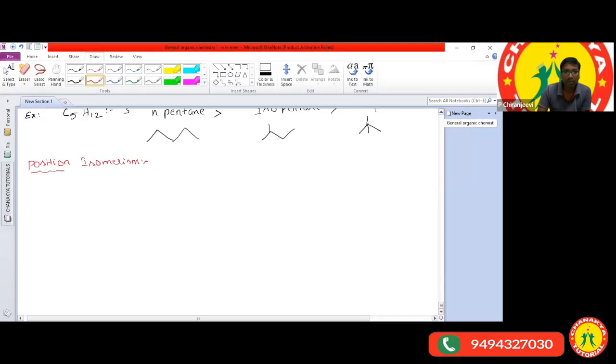Position isomerism. What is meant by position isomerism? Here the compounds have the same molecular formula but differ in the position of the substituent and the position of the functional group.